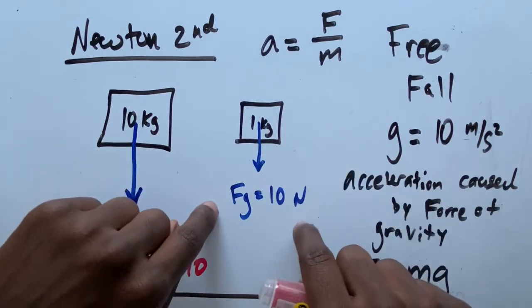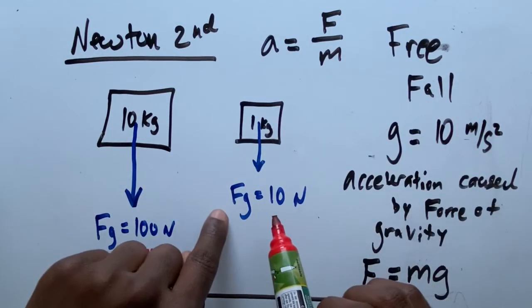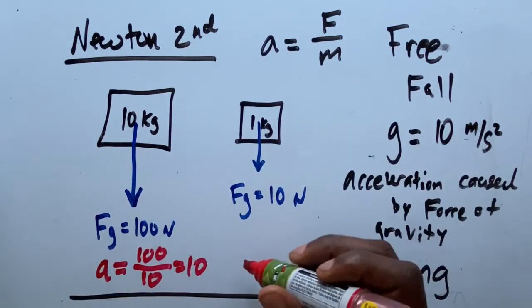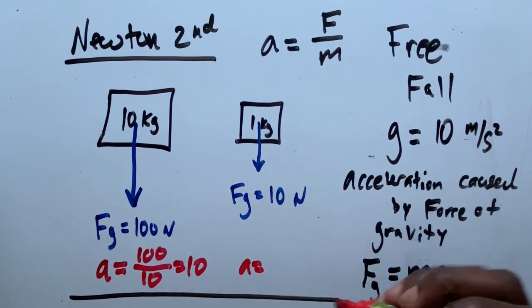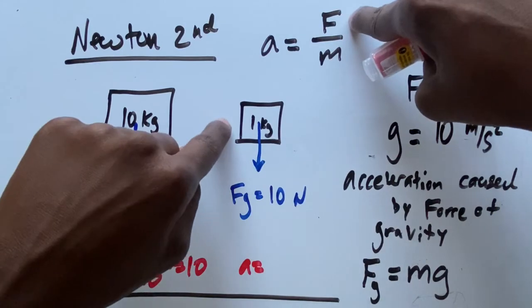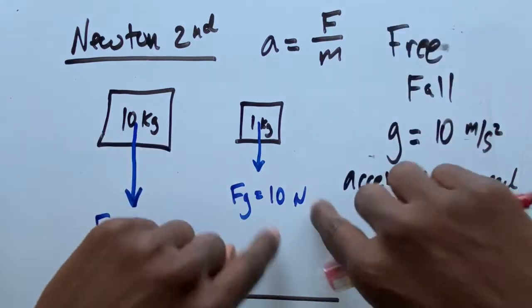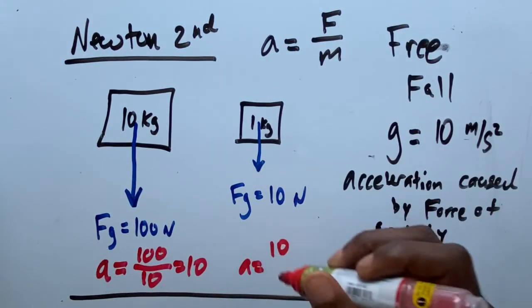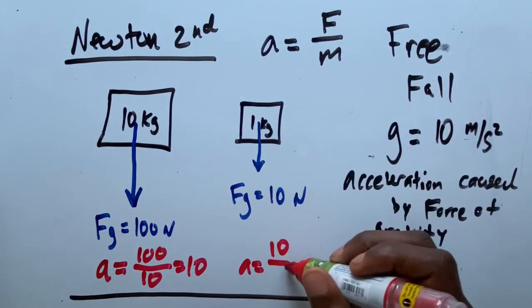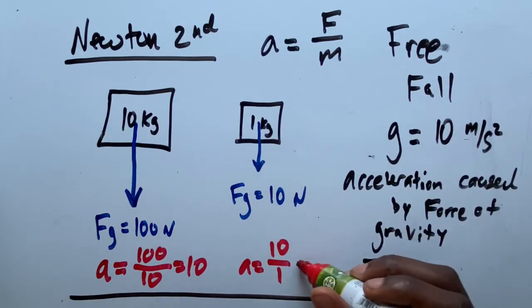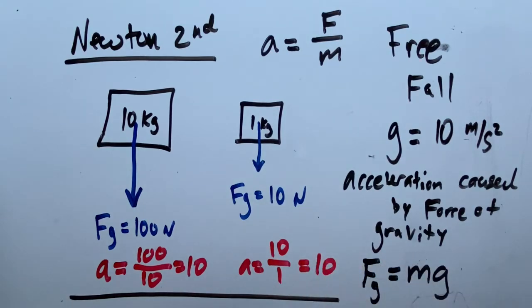Let's do the same thing for this block here. Its acceleration is going to be the force acting on this block, the force of gravity, which is 10, divided by the mass of this block, which is 1. So dividing that, boom, we get 10.